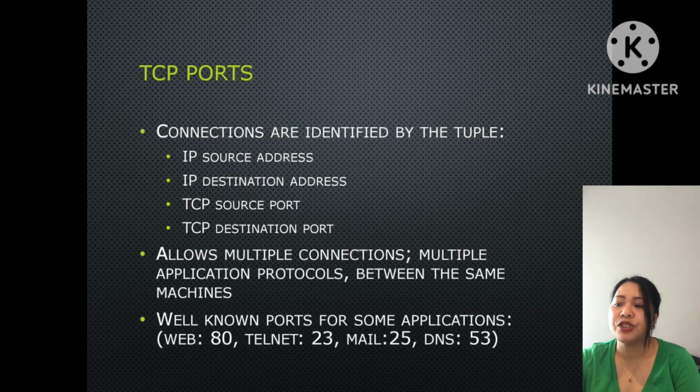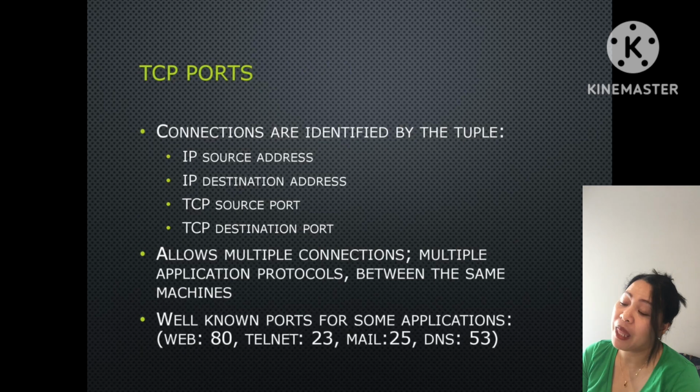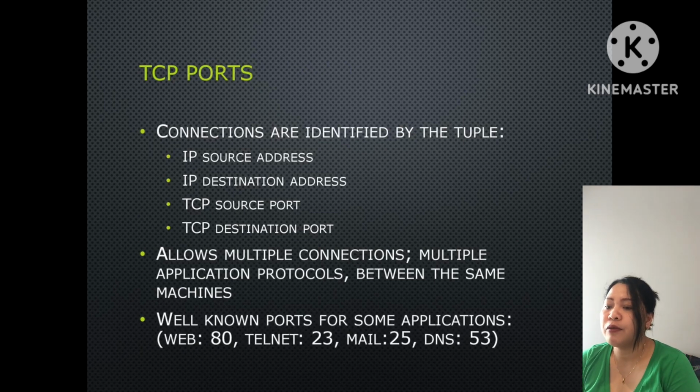TCP connections are identified by the tuple of IP source address, IP destination address, TCP source port, and TCP destination port. This allows multiple connections and multiple application protocols between the same machines. Well-known ports exist for some applications: web 80, telnet 23, mail 25, DNS 53.